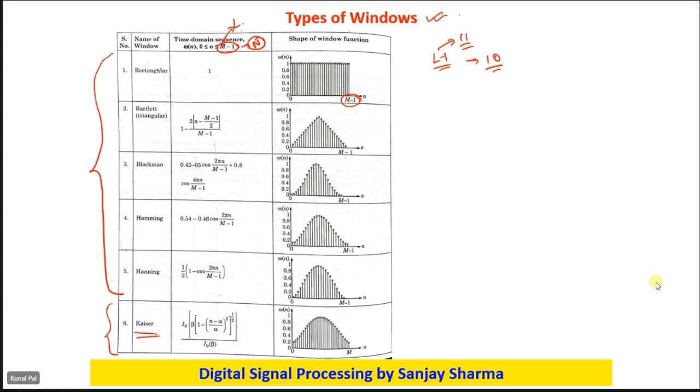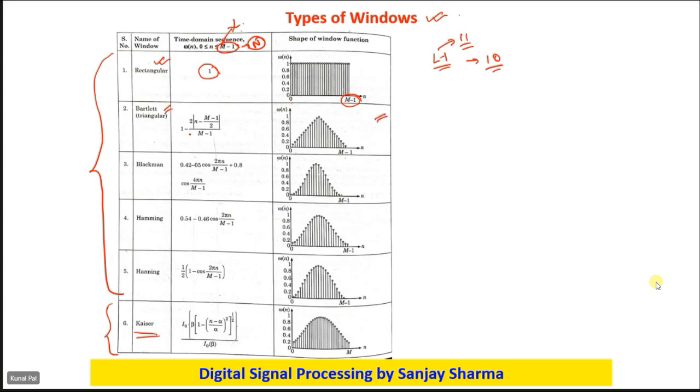The rectangular window time sequence has a value of 1 and varies from 0 to M minus 1. Then you have the Bartlett window, which is a triangular window.